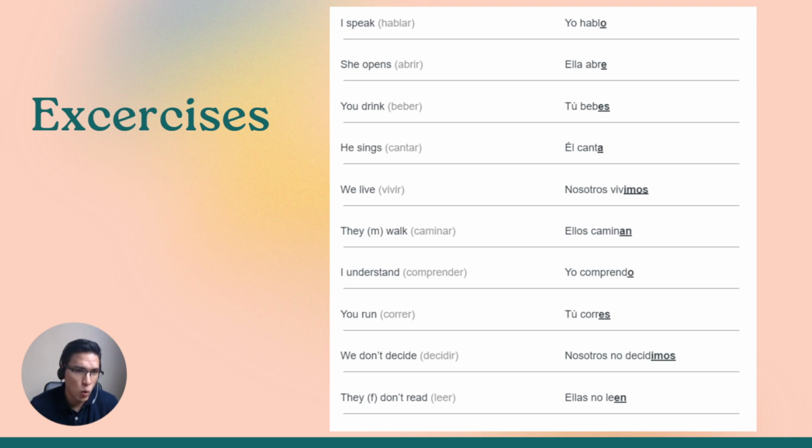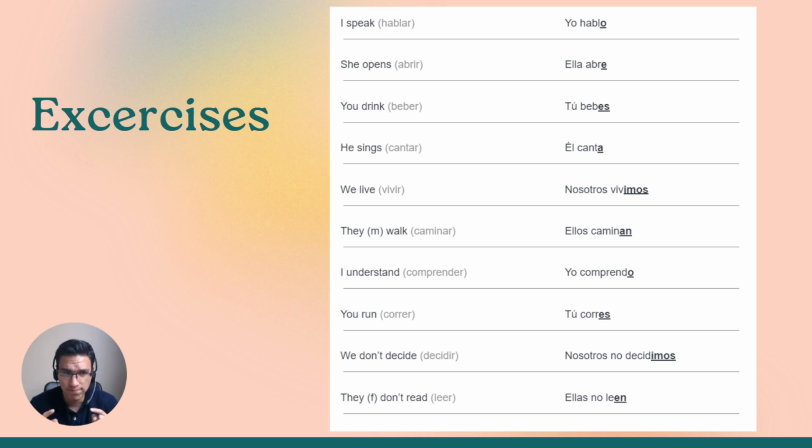They masculine walk, ellos caminan. I understand, yo comprendo. You run, tú corres. We don't decide, nosotros no decidimos. They female don't read, ellos, ellas no leen.